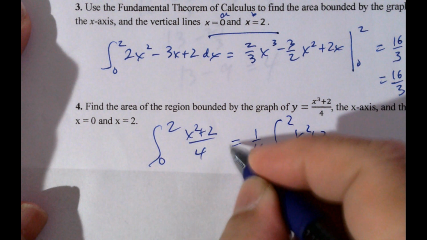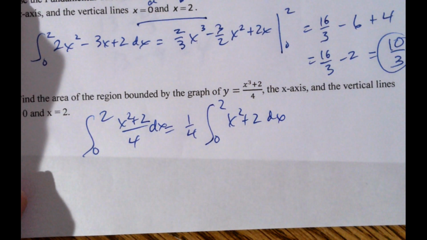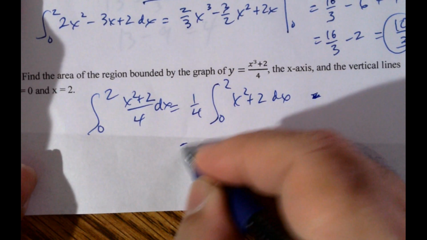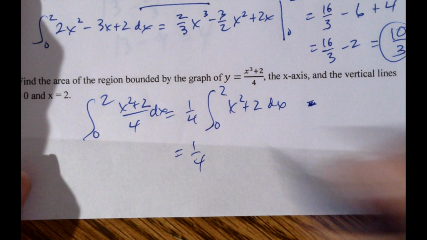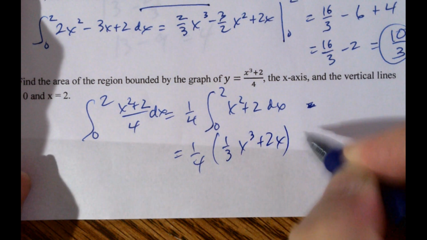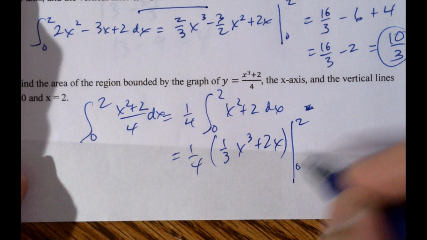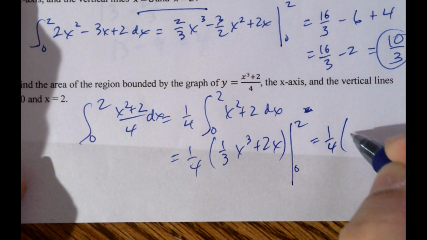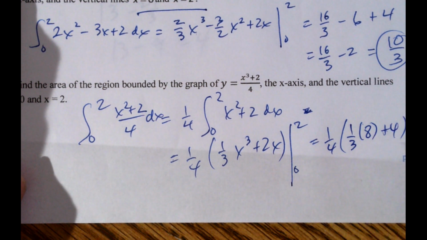I forgot the dx. Okay, all right. Keep going. So that's 1/4 of 1/3 x cubed plus 2x, take that from 0 to 2. Plug in 0 again, it doesn't do anything. So it's 1/4 of 1/3 times 8 plus 4.